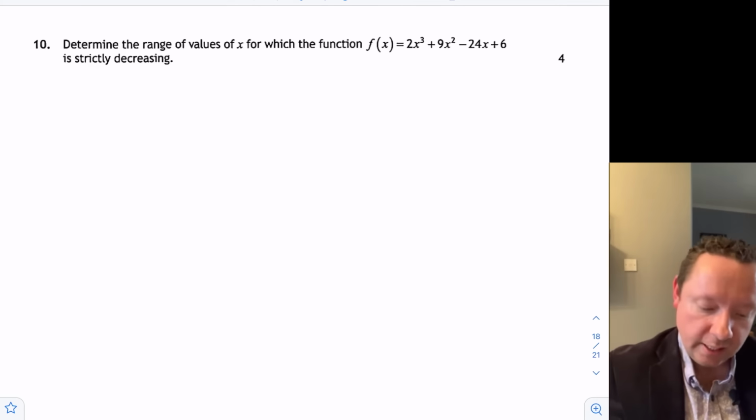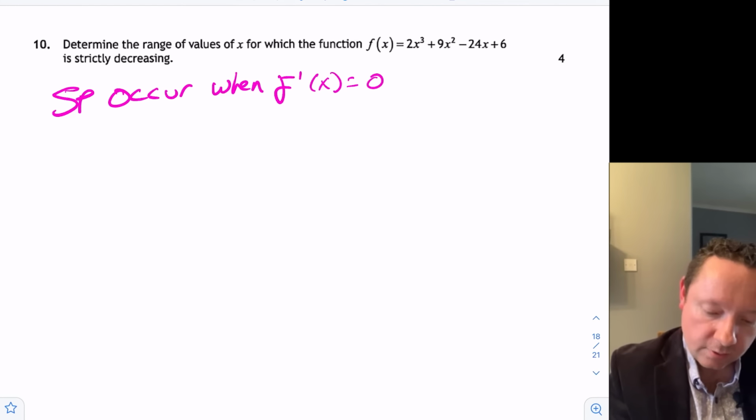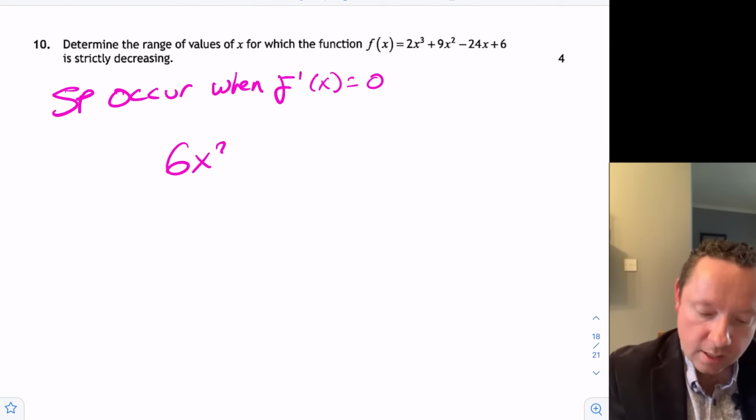So let's just look at the stationary points first. Stationary points occur when f dash x is 0. So f dash x, 3 2's is 6, 6x squared, 2 9's is 18, plus 18x, and minus 24.